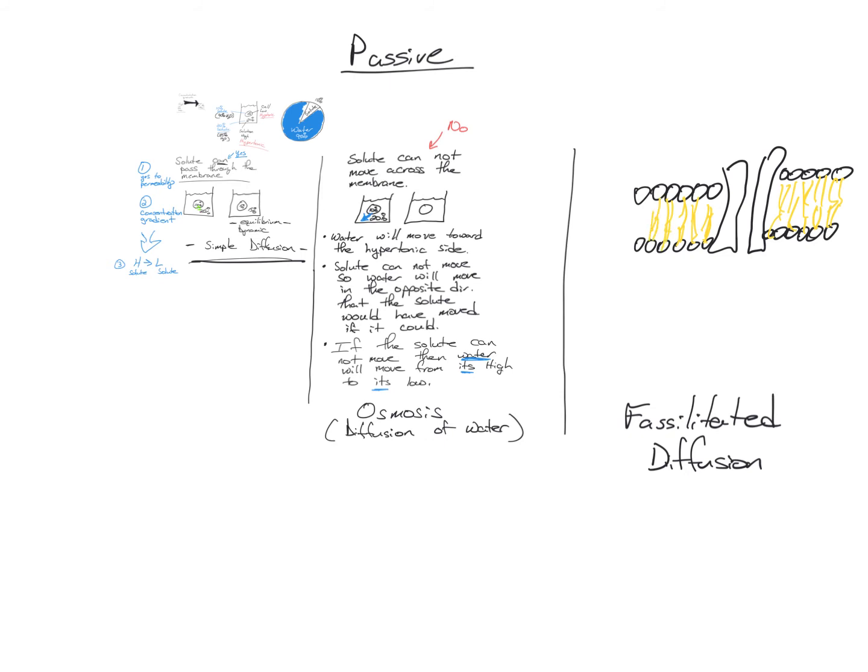So there's several ways that help can come. And they come in these forms called proteins. Was that in the Nearpod? Yeah, that's excellent. Because this protein allows things to go from high to low.